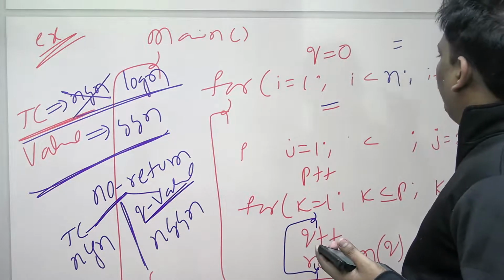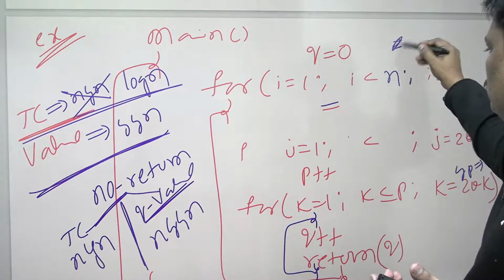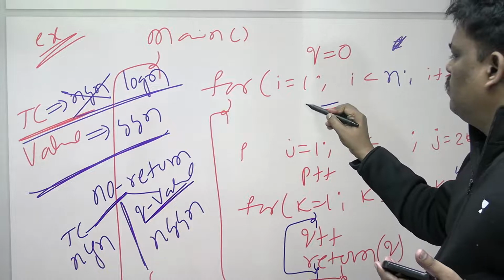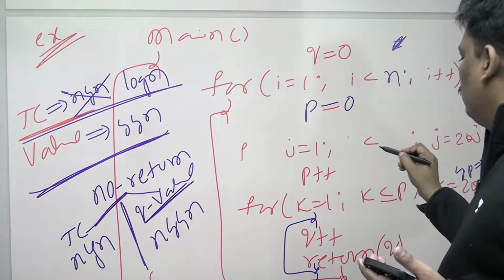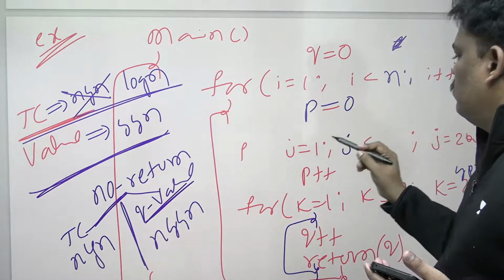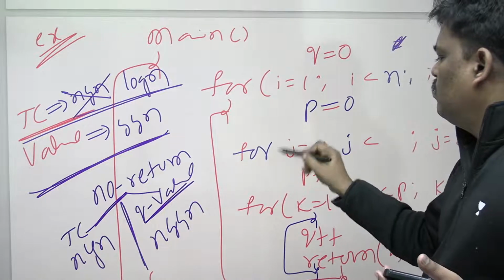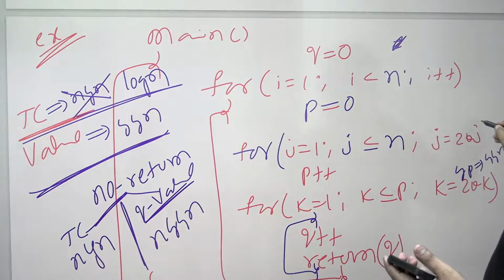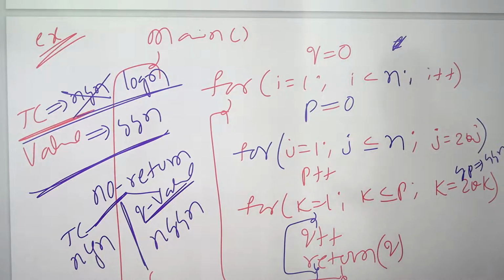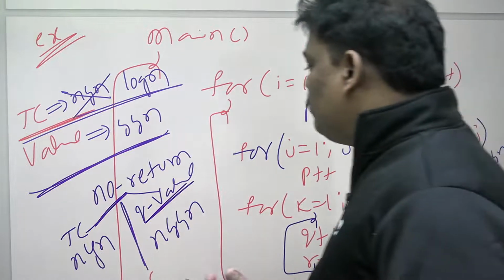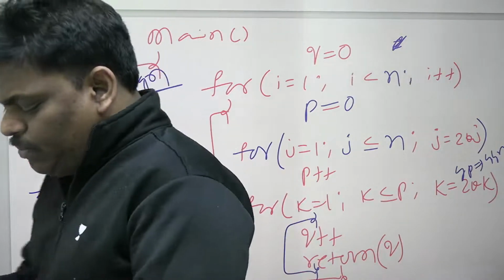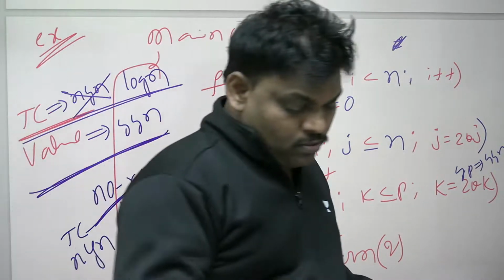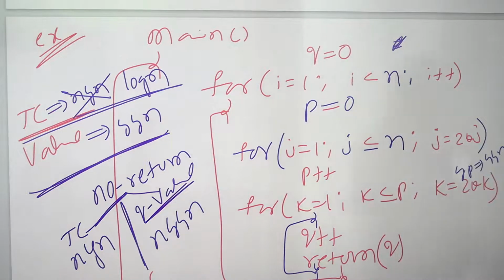I just modified it once. This modified program, what will be the Q value, and what is the time complexity? Please say this also.